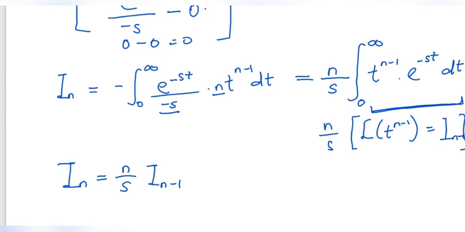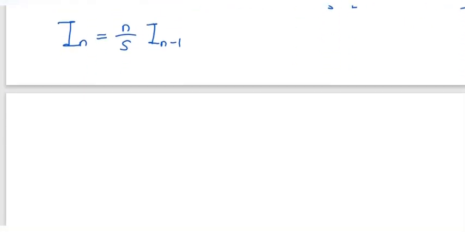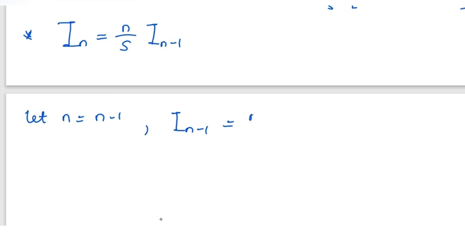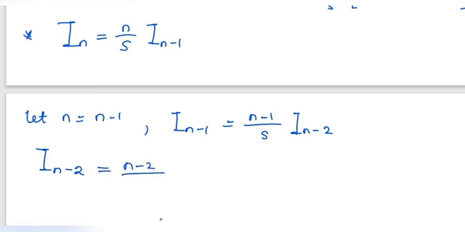Alright, so looking at this, if we let n be equal to n minus 1, this expression is just going to give us I_(n-1) equals n minus 1 over s times I_(n-2), and that follows suit for I_(n-2). This is going to give us n minus 2 over s times I_(n-3).